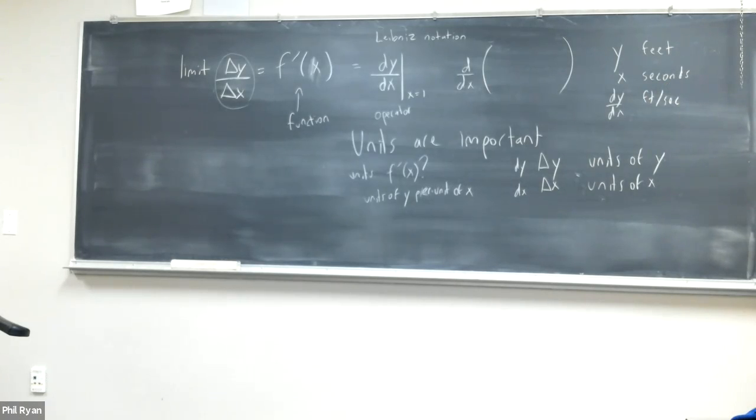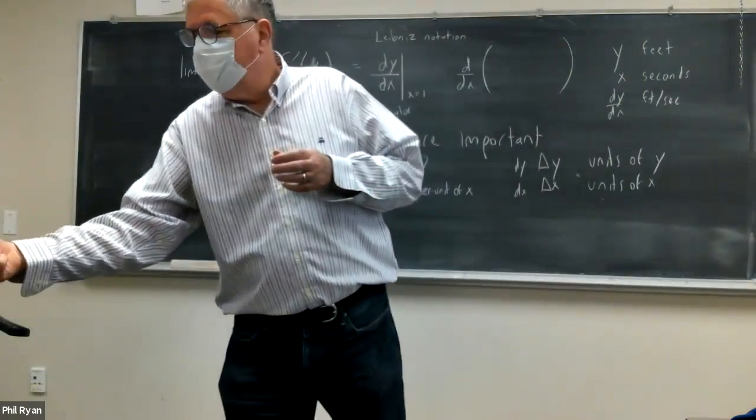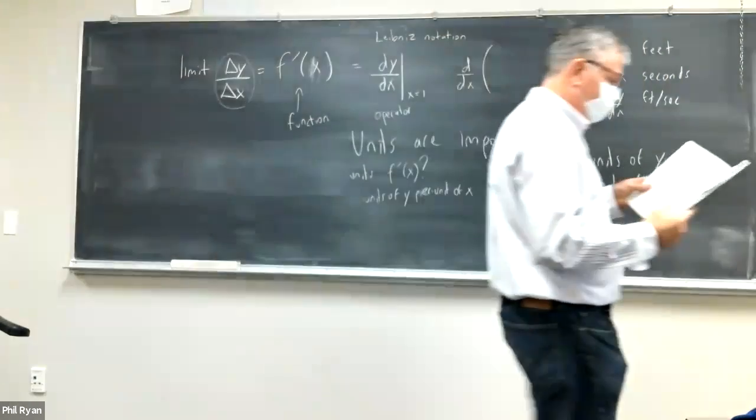Right, so if we talk about distance with respect to time, the units is feet per second, which is a unit of velocity. So whenever you're asked a question and it's talking about something, you should always make sure to put the units in there.